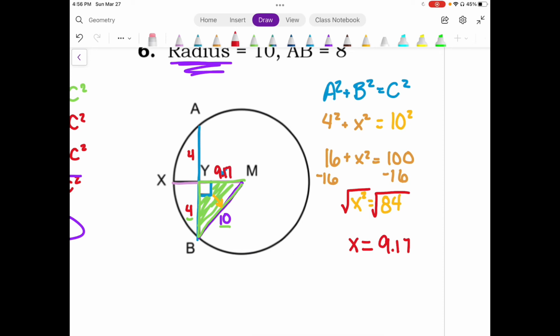I need x, y, which is this part. Well, I know that the whole radius needs to be 10. So I'm going to go 10 minus the 9.17, and that'll give me everything left over. I'll do that, and I get 0.83. So that would be our answer for x, y.